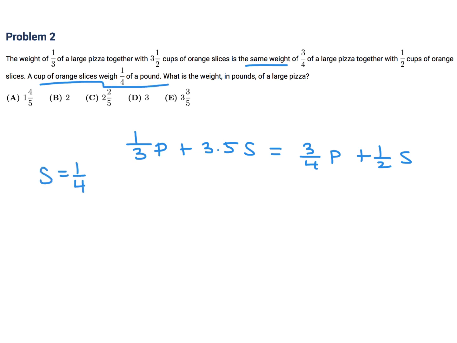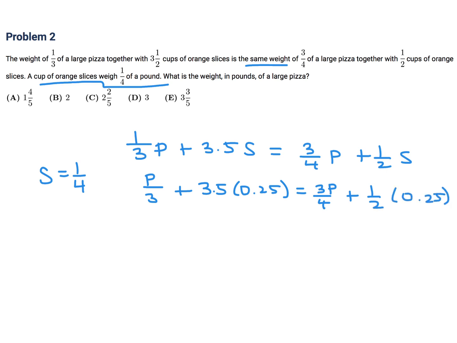So sub that in. So this is P over 3 plus 3.5 times 0.25, and that's 3P over 4 plus 1/2. I'm using decimals and fractions, which is a cardinal sin, but that's okay.